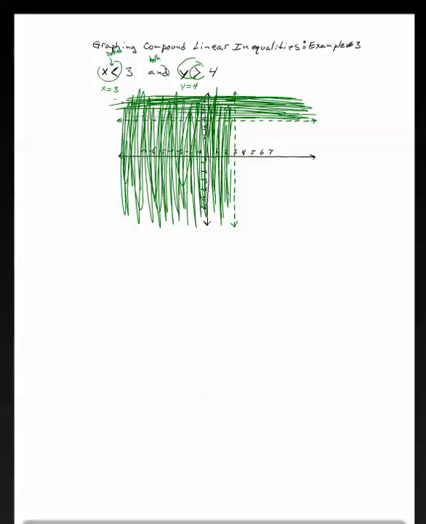Well, if we look at to the left of x is 3 and above y is 4, what we get is this portion of the graph right here. And we're done.